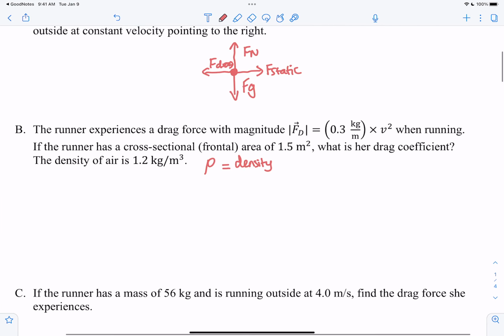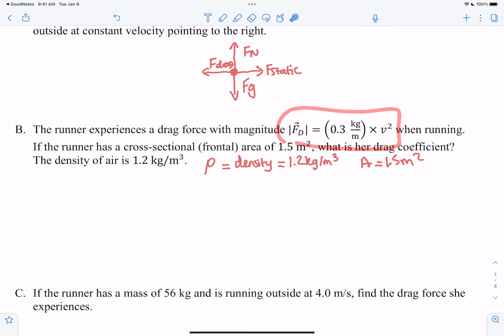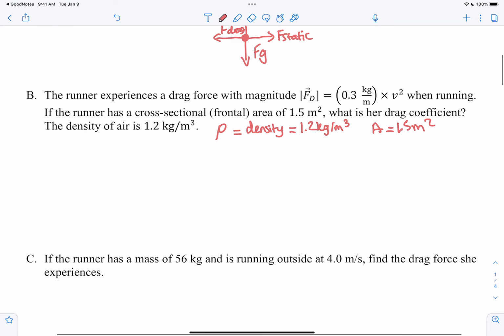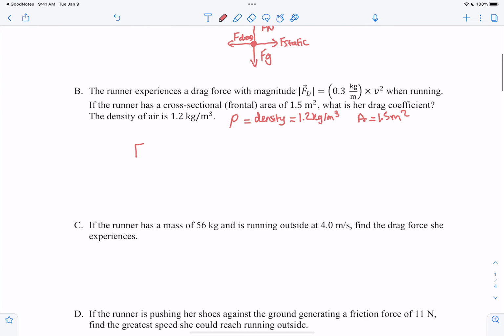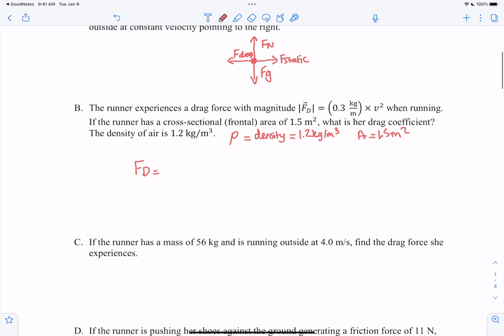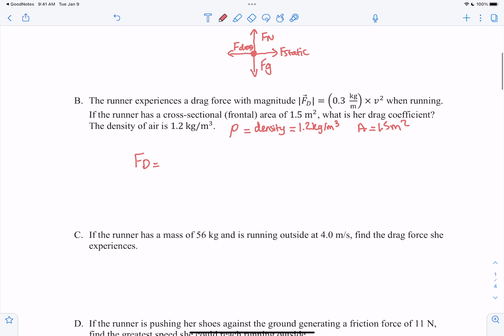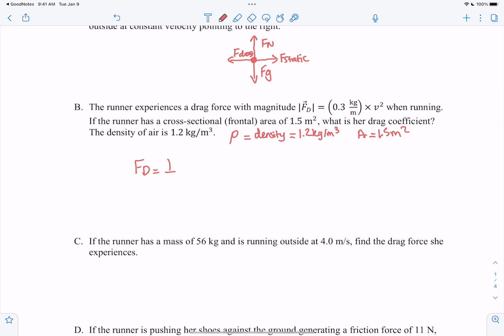And that density we have is 1.2 kilograms per meter cubed. Our area is 1.5 meters squared, and our drag force is equal to this section here. Now, we know that our drag force is equal to, I believe, 1/2 times the drag coefficient times the density of your fluid.